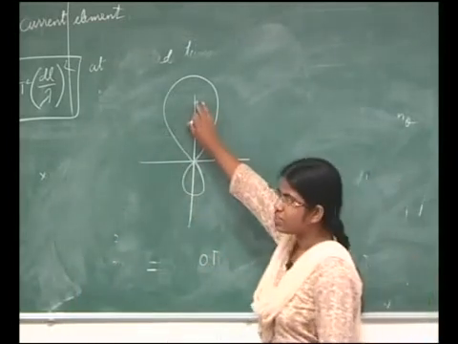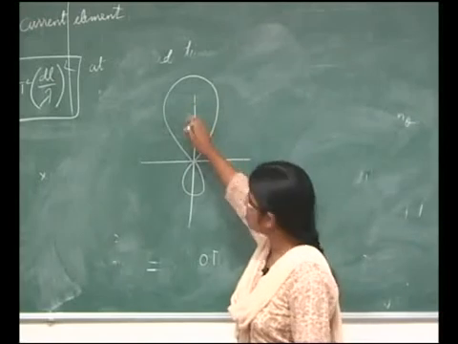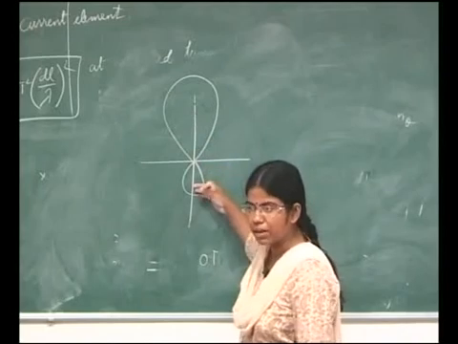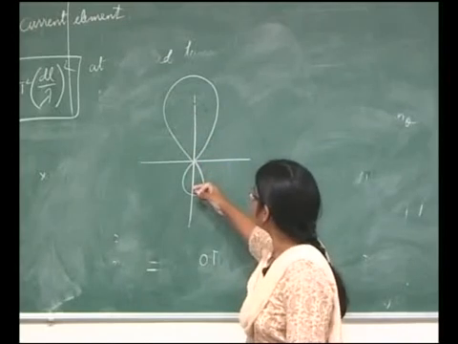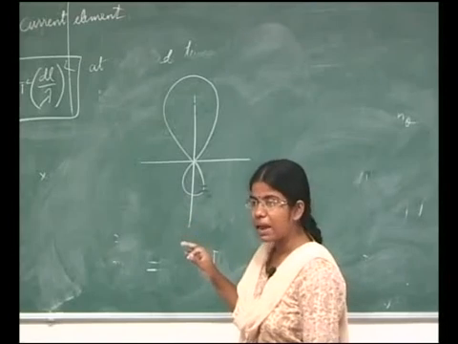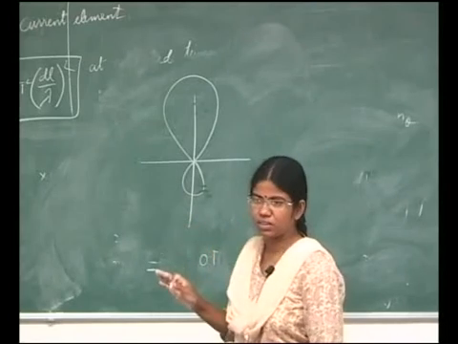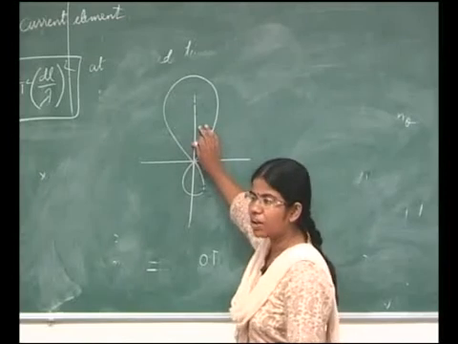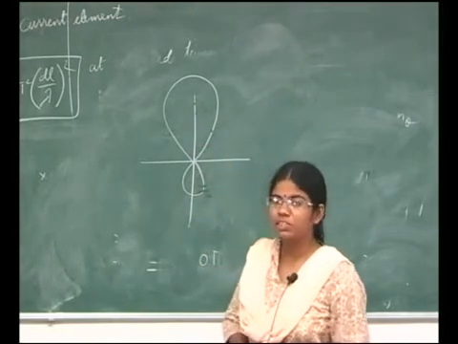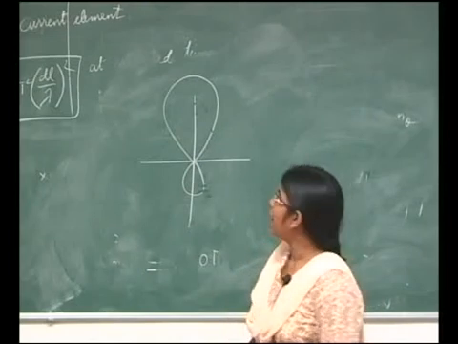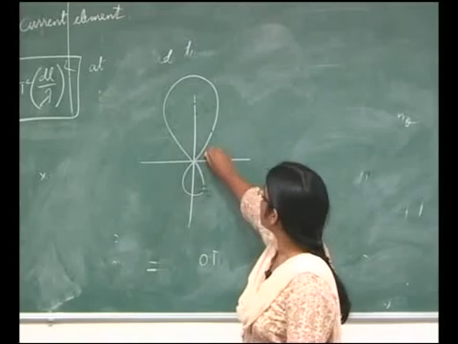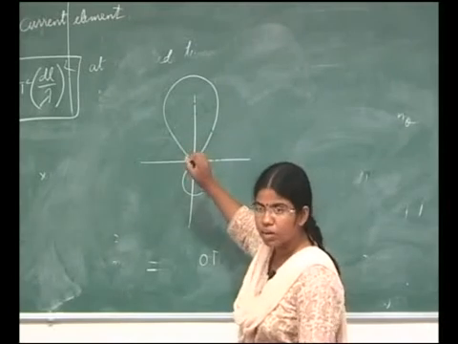This is the front lobe and this is the biggest lobe because it has got maximum amplitude, and this is the back lobe. It is the direction in which the antenna radiates maximum power. And it is calculated by the power radiated in a particular direction.